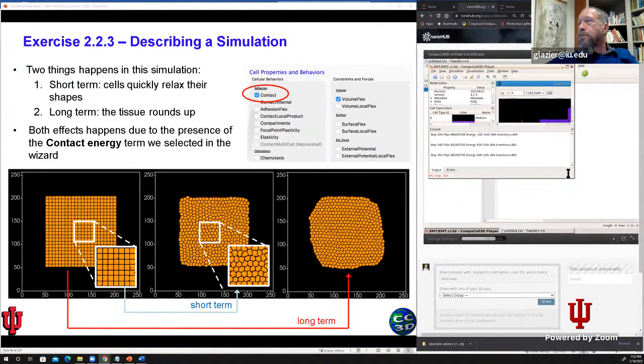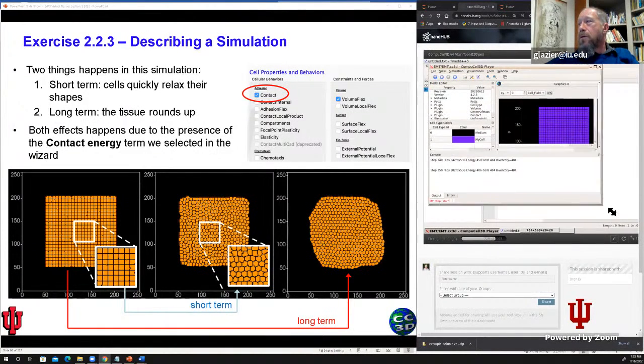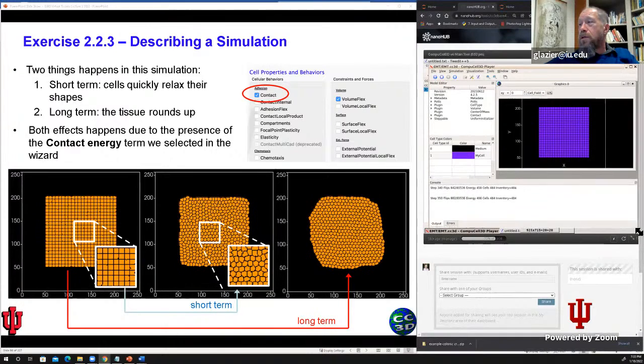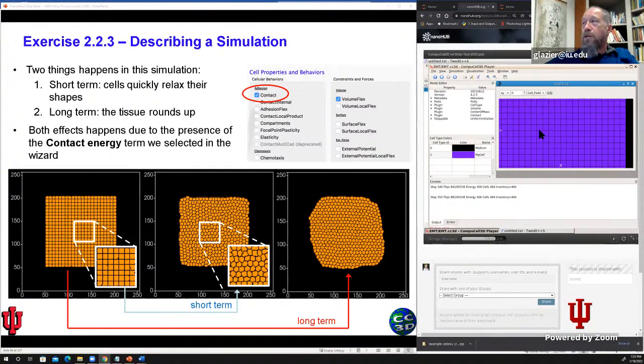Okay. So what I wanted to do was show you the initial configuration. Initially, we start out with a square grid of cells that are all identical. And you'll notice that they're lined up on the cell lattice. And now I'm going to do a single time step.